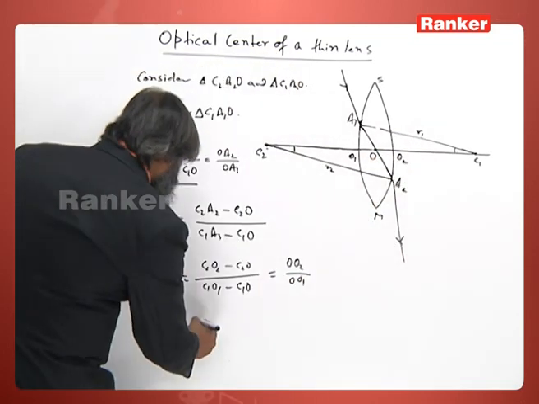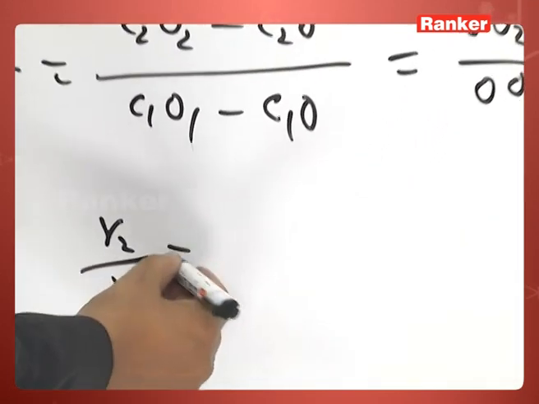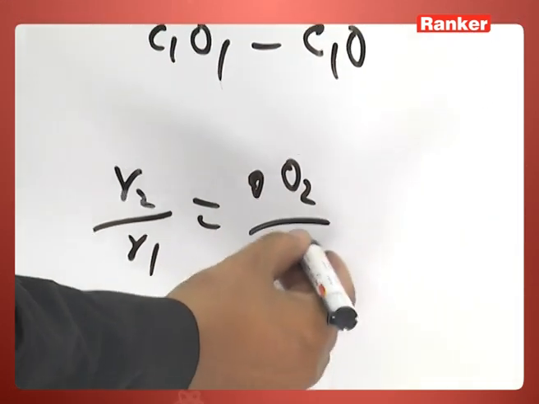So we got R2 by R1 is equal to OO2 by OO1.